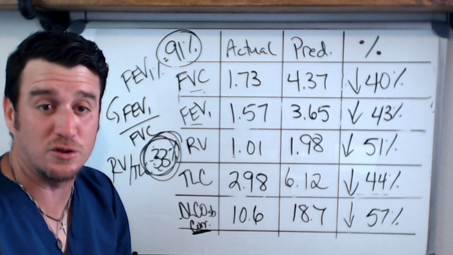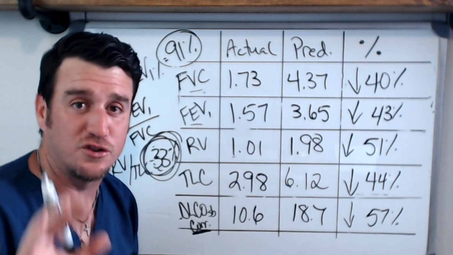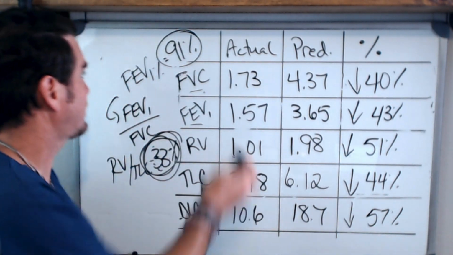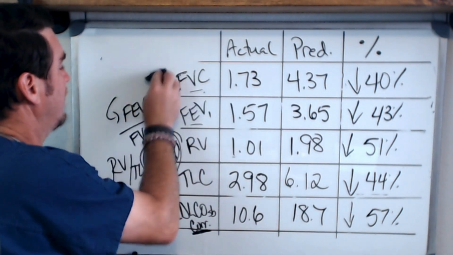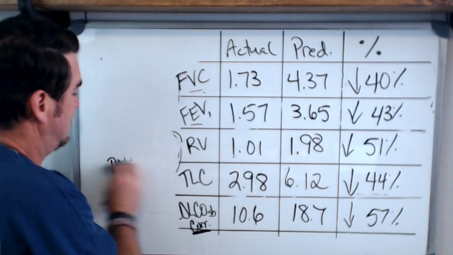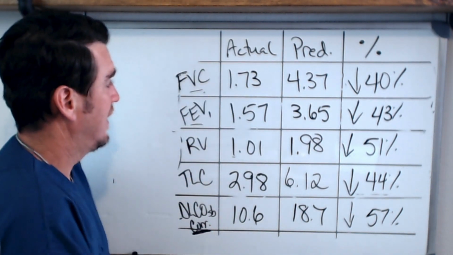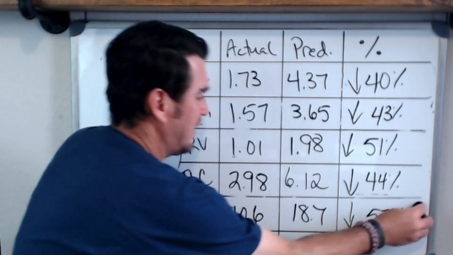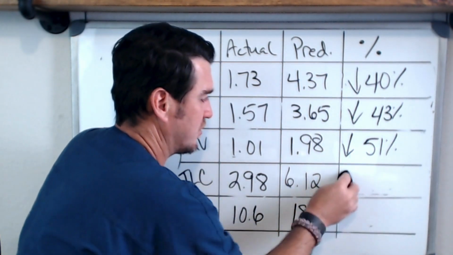Now, real quick, I'm going to throw a couple of numbers up here at you and show you something else. Okay? So if we erase all of this, and I'm going to keep these predicteds up here. I'm just going to change the actual percentages.